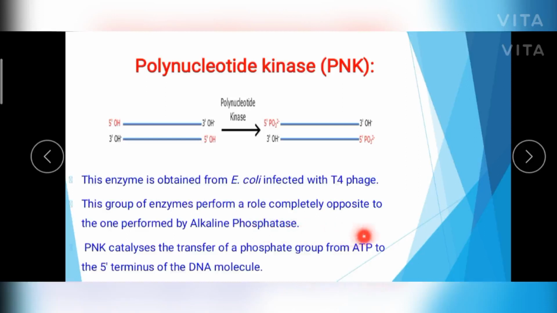So it helps in the transfer of phosphate group. For this ATP is required. The phosphate group present in the ATP is transferred to this 5' end by means of the enzyme polynucleotide kinase. These polynucleotide kinases are extracted from T4 bacteriophage.